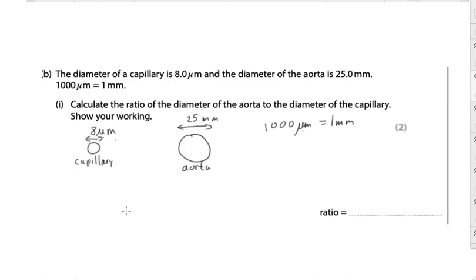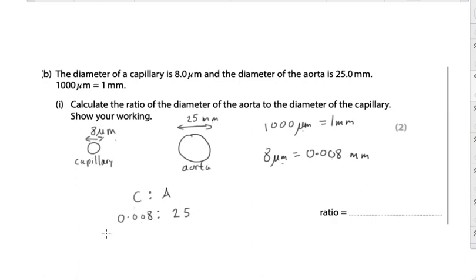Now we want the ratio between the size of the capillary and the size of the aorta. Now we need to turn this capillary, this 8 micrometers, into millimeters. So to do that we're going to divide by 1,000. So 8 divided by 1,000 is going to be this. So our 0.008 to the 25.